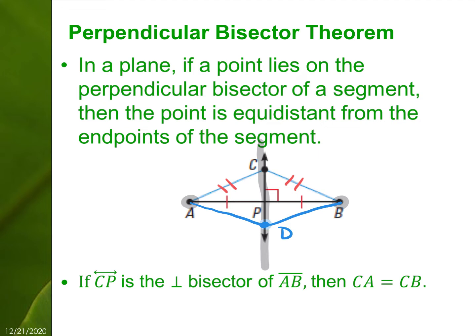Because of the perpendicular bisector, I could tell that segment AD is going to be congruent to BD because point D is on that perpendicular bisector. So any point that is on the perpendicular bisector is going to be equidistant from the endpoints of the segment it bisects.